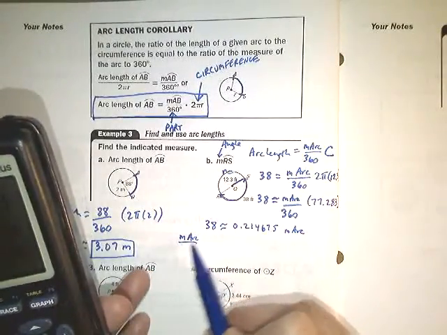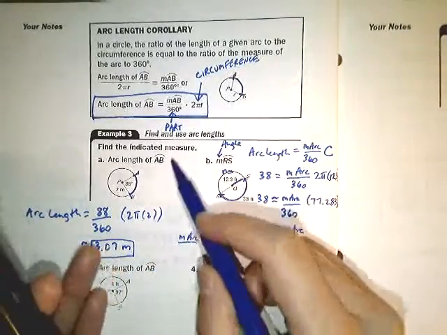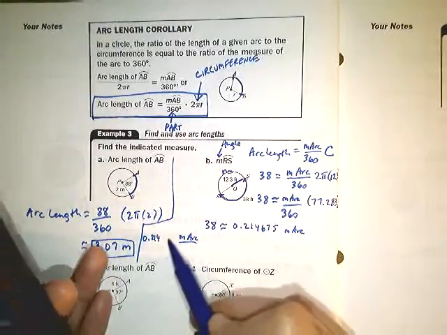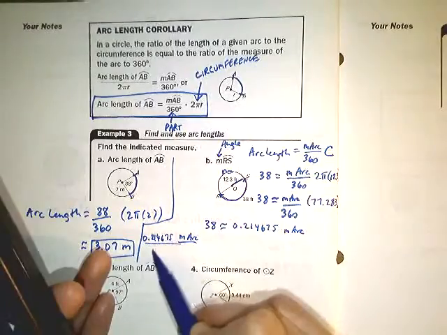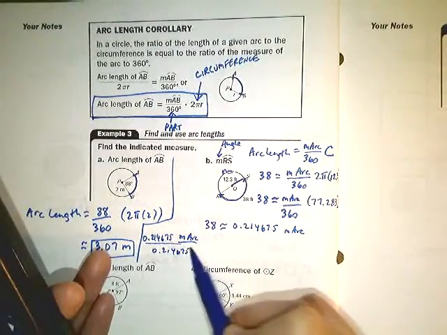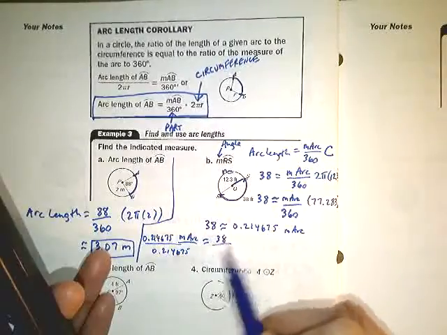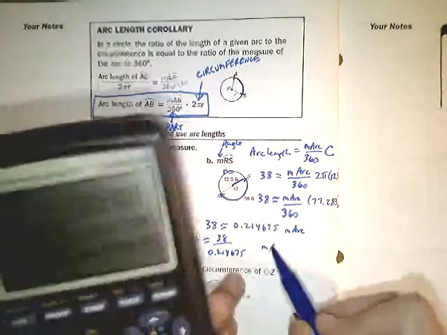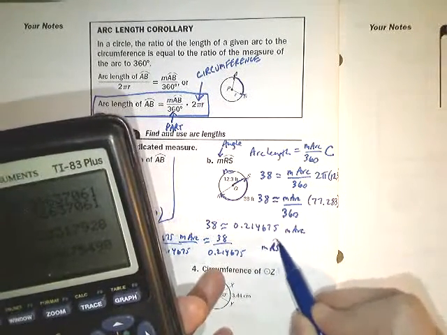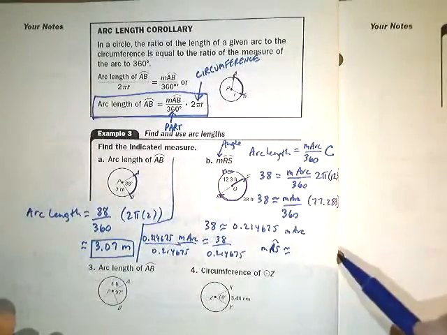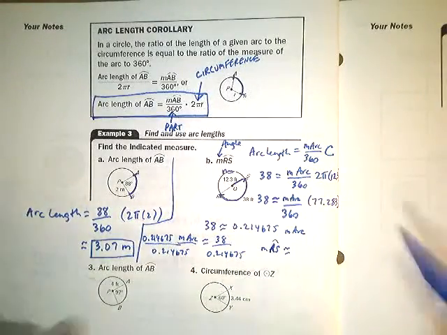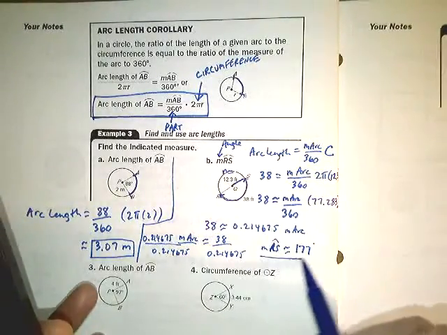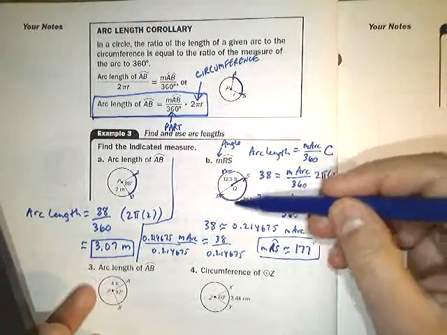So the measure of the arc they want me to find is the measure of, technically it's measure of RFs here, is approximately 38 divided by that decimal, 177 degrees as an angle measure from here over to here.